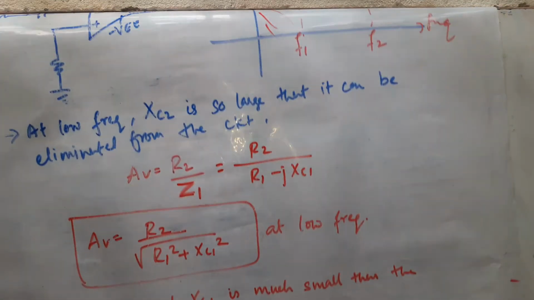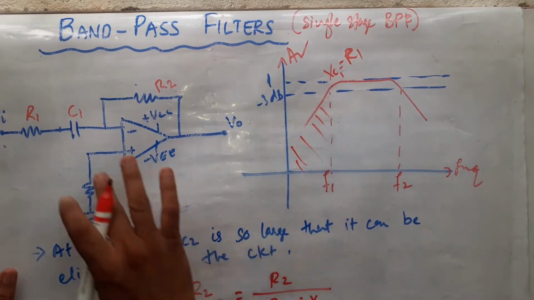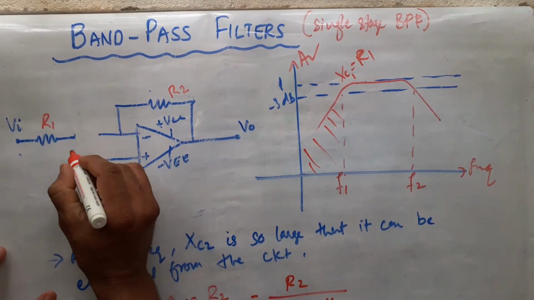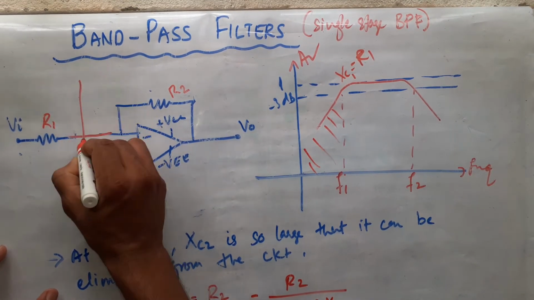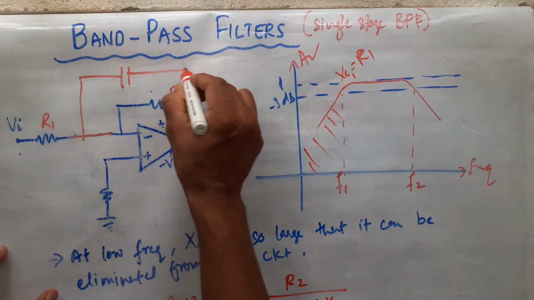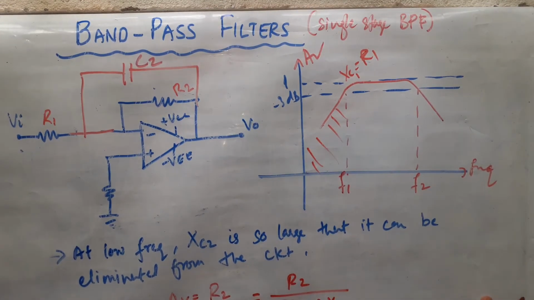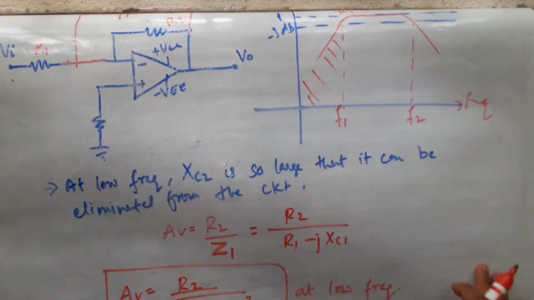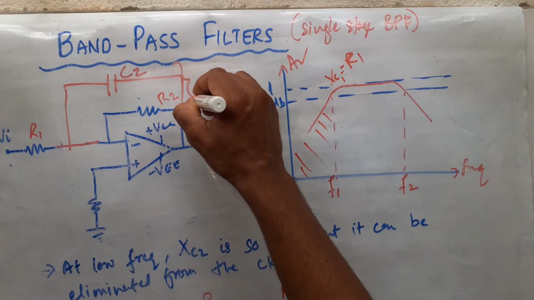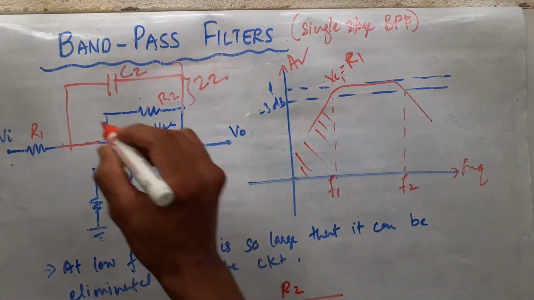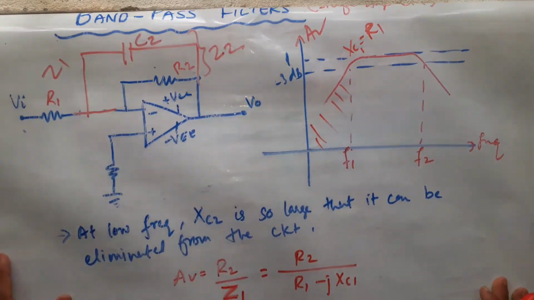So if I eliminate C1, it is going to become like this. This will become a short, whereas C2 will be present there itself. This is what the modification is. So this will be acting as your Z2 and Z1 is only your R1.